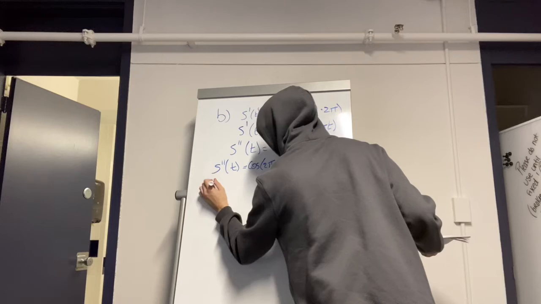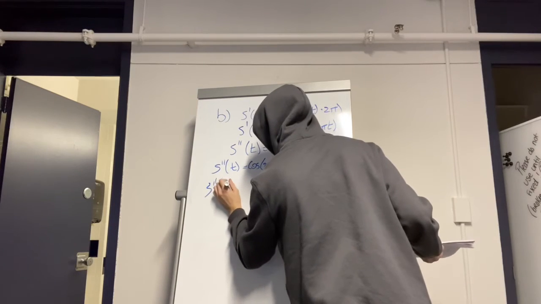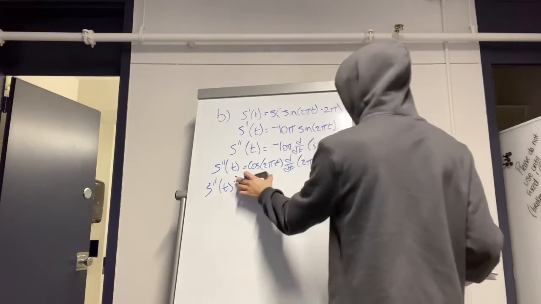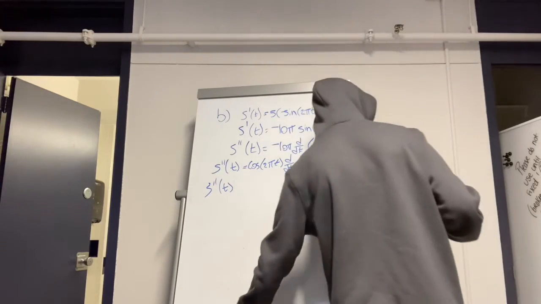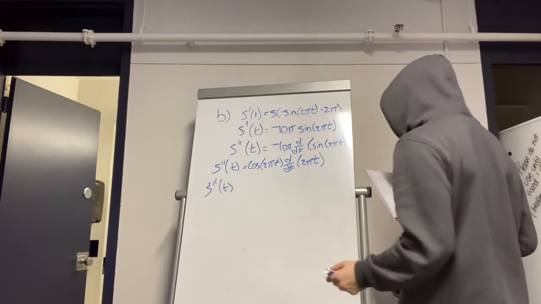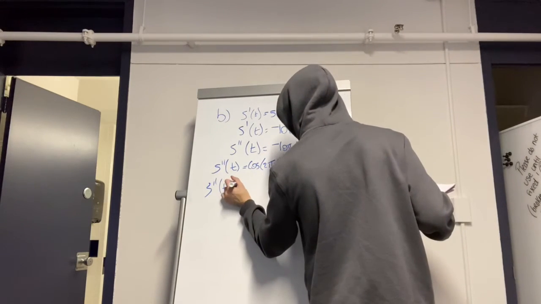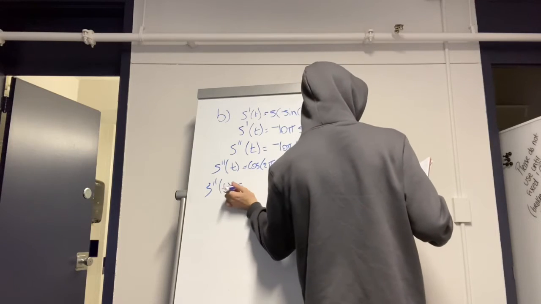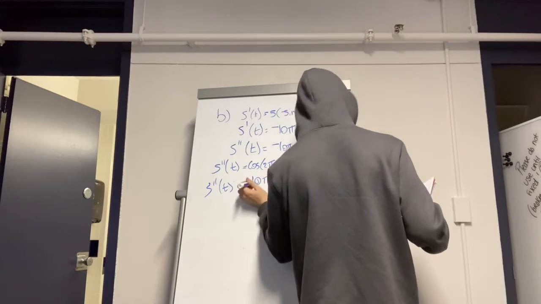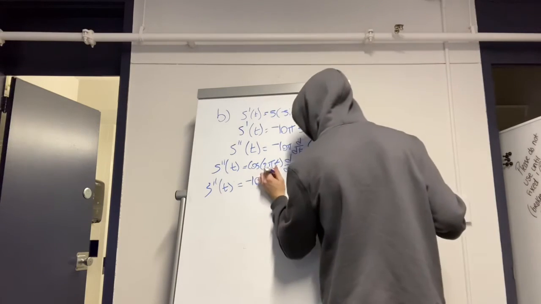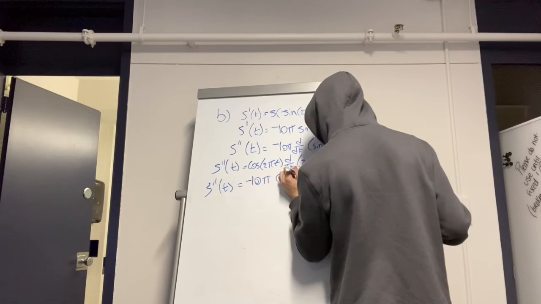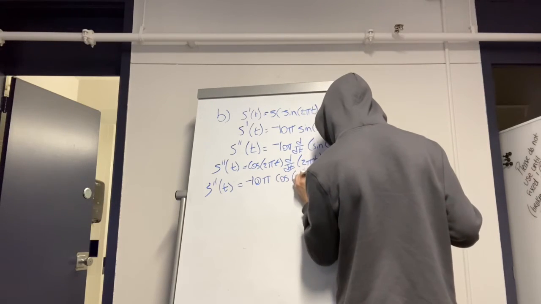From here, we will put the constant back. Cosine 2 pi t.